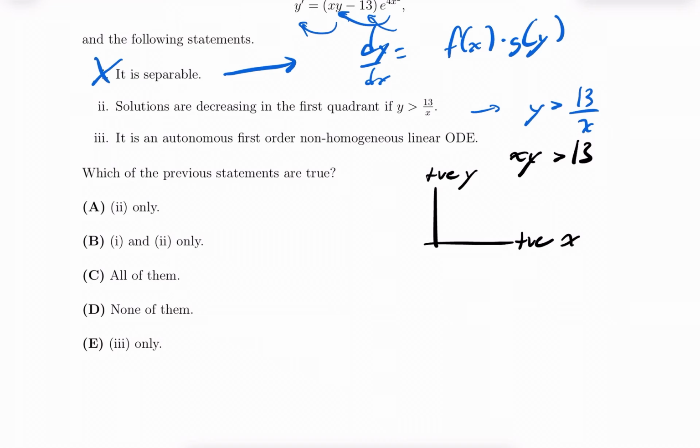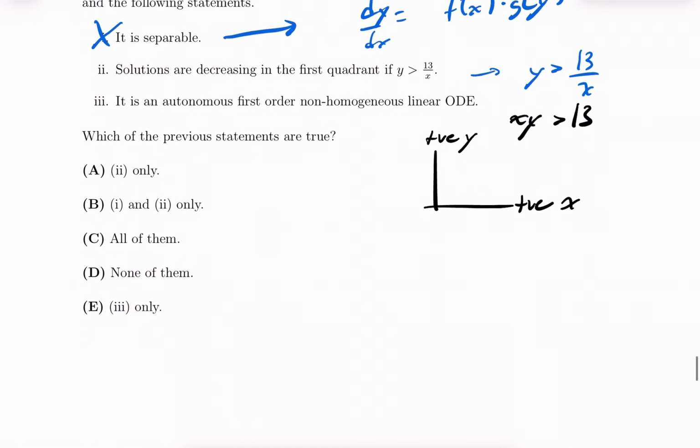So let's just say I have 7 is greater than 13 over 2. This stands true because if you multiply those out, it's 14, and 13 over 2 is 6.5, so this is all true.